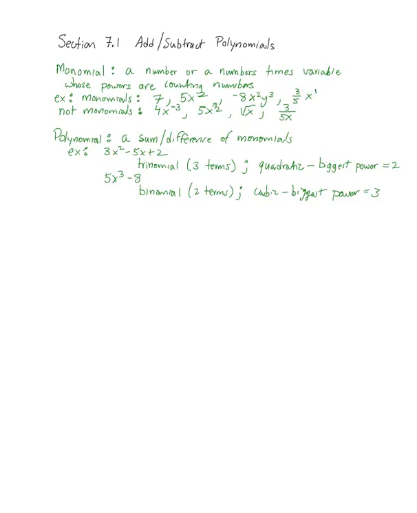Okay, well, the big thing we're going to do in this section is add and subtract polynomials. To add or subtract polynomials, we combine like terms. Now, of course, this isn't like Facebook here. You don't get to decide what you like and what you don't like.